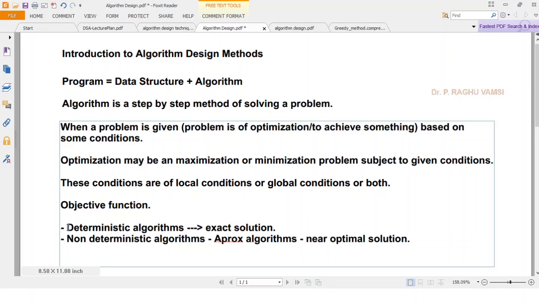The best examples of approximation algorithms are nature-inspired computing algorithms, or we can say genetic algorithms.